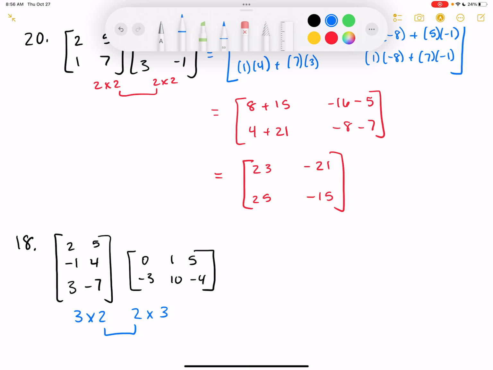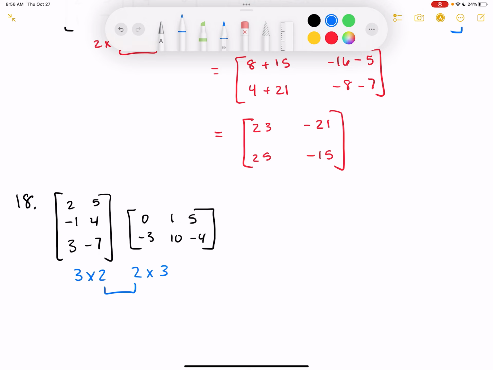Rows go across like in chapel. Columns go up and down like the columns out there at the youth house. Oh, I was thinking of how many numbers were in the column and in the row. No. Yeah. I'm so confused. Well, I'm not confused anymore.